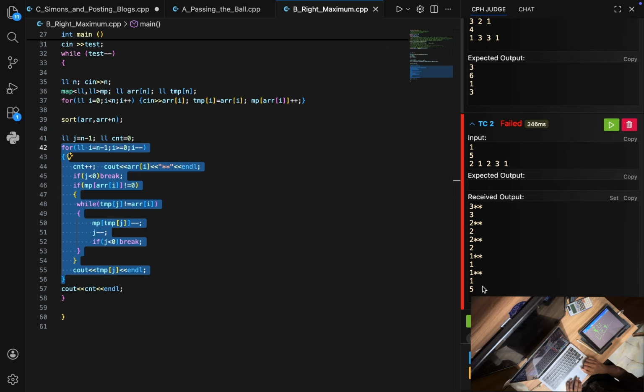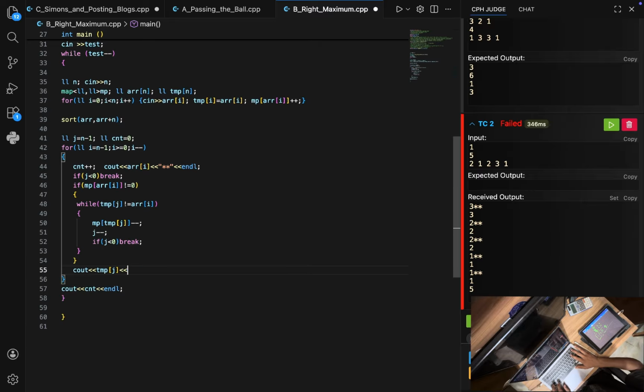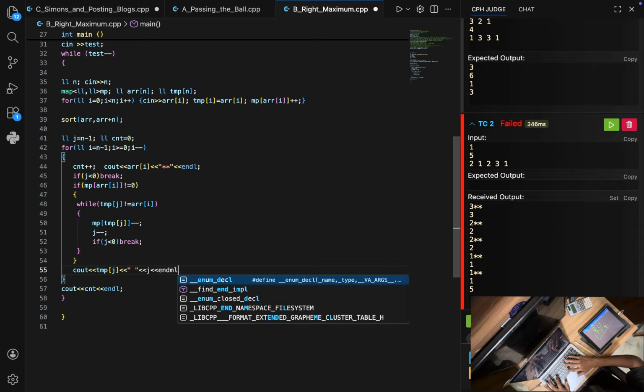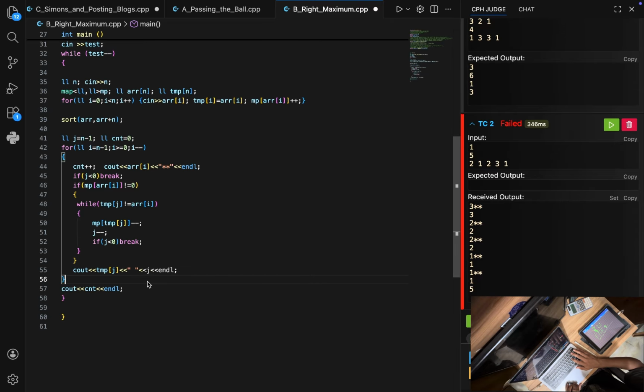Look, I'm getting 5 somehow. Okay. At first it found 3, then it found 3. I should also print the index. Okay, I got the point why it's giving me problems.